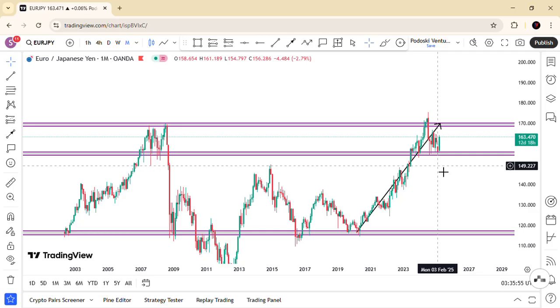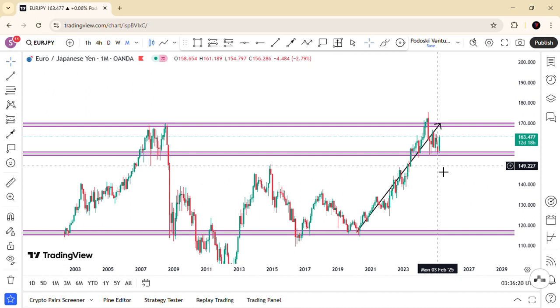That's about 5 years, and EURJPY is still bullish. But I'm very sure before this year will end, there will be a new higher high on this particular pair.